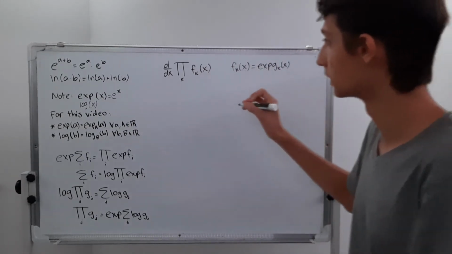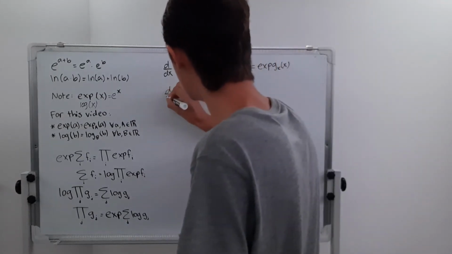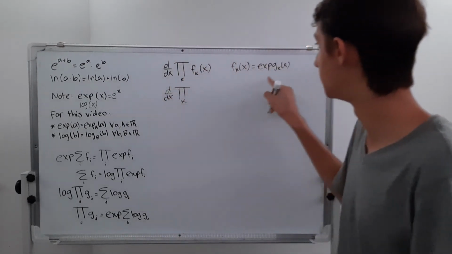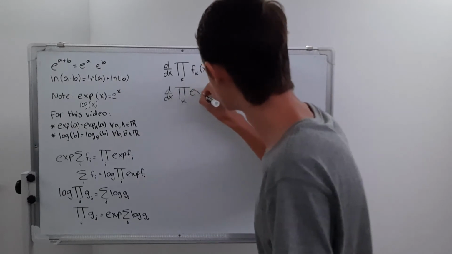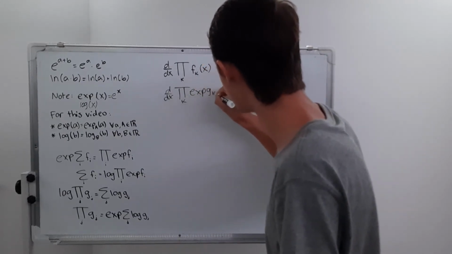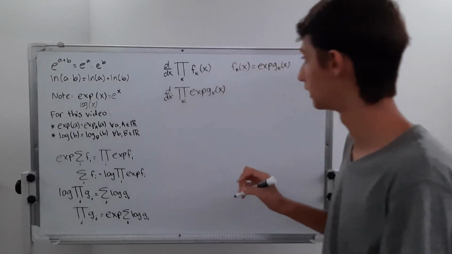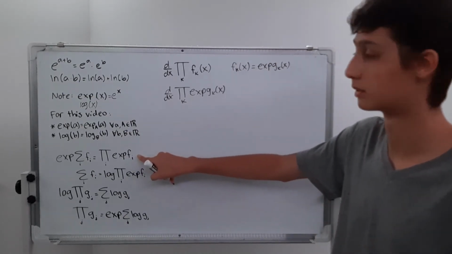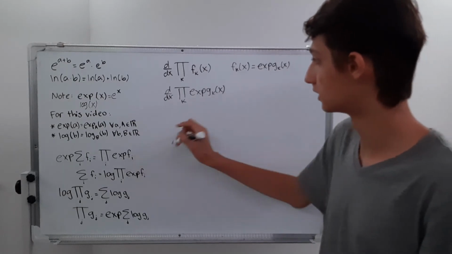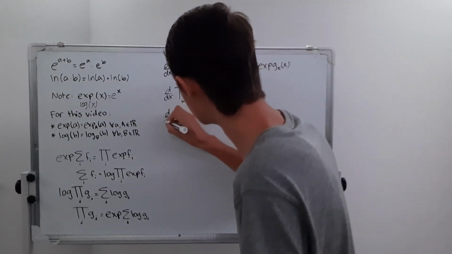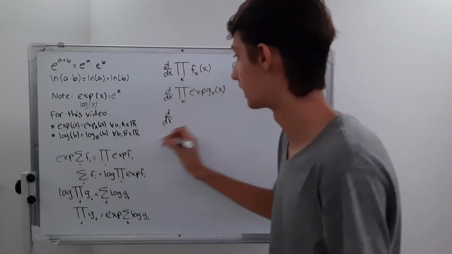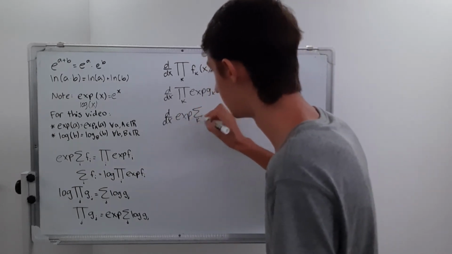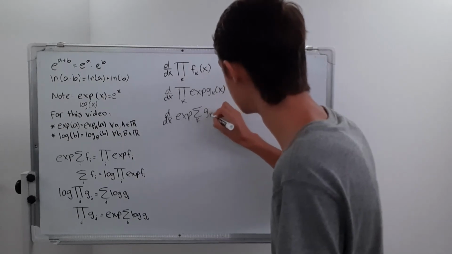So then all we're going to do is take the derivative of the pi over k of e to the g sub k of x. What does this do for us? Well, now this converts it into that form, right? So this is exactly equal to the derivative of the exponential of the sum over k of g sub k of x.